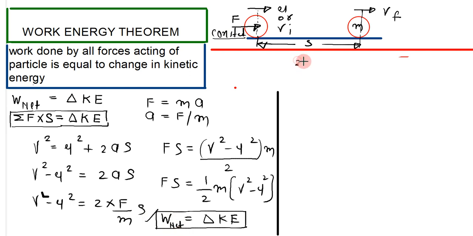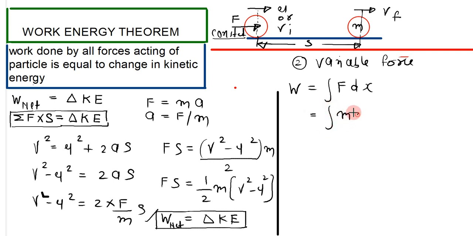If the force is variable, then you have to do some mathematical operation. Integration is needed. In that case W is equal to the integral of f into dx, where f is ma, into dx.